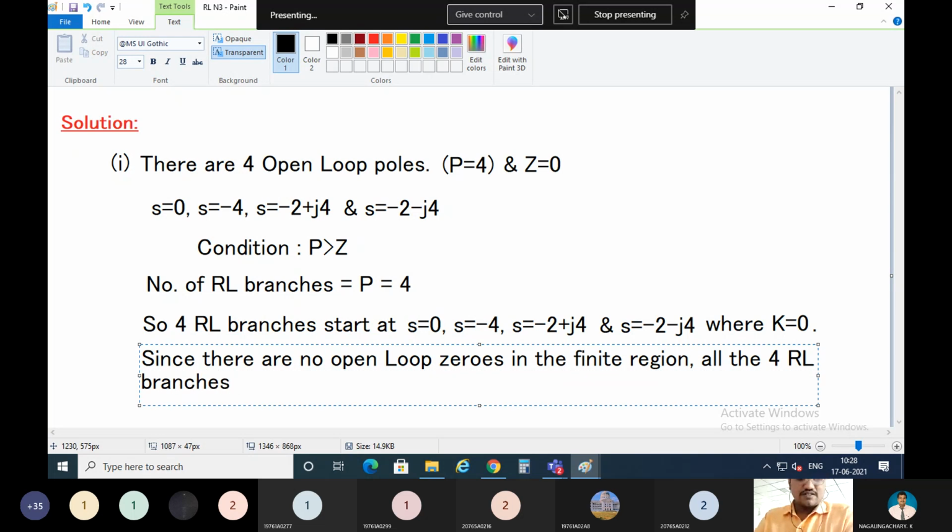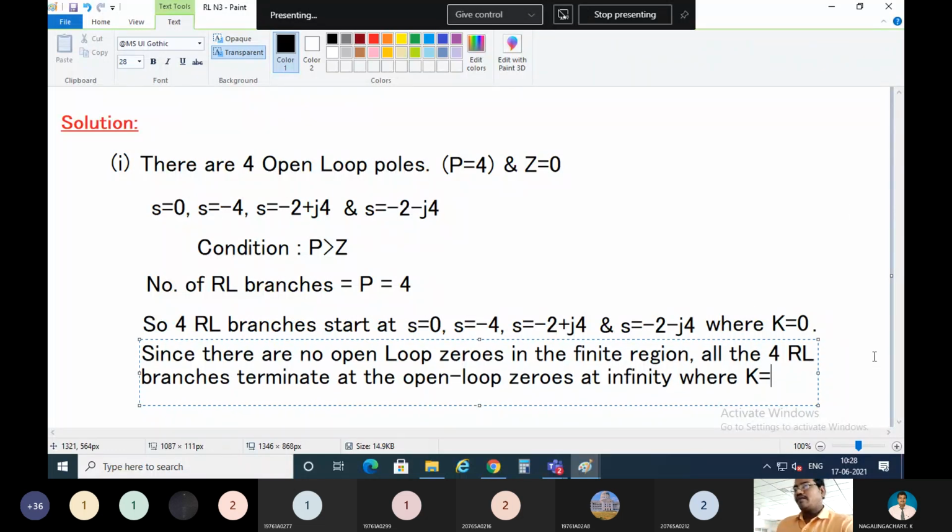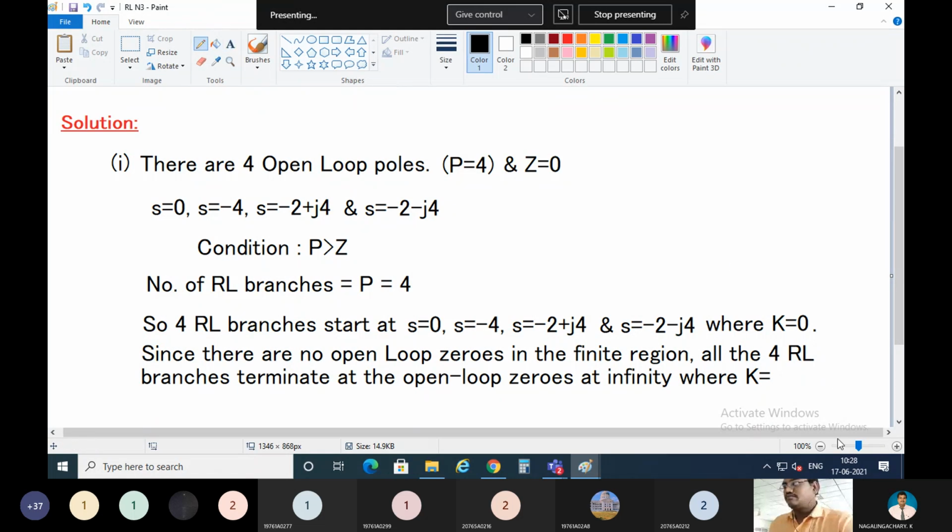All the 4 root locus branches terminate at the open loop zeros at infinity, where K equal to infinity.